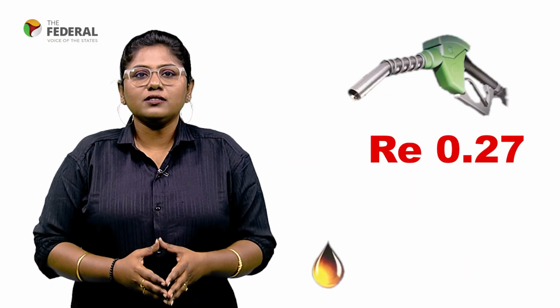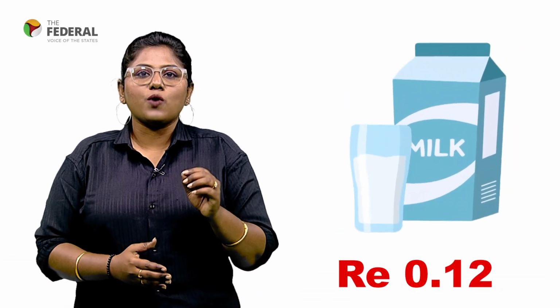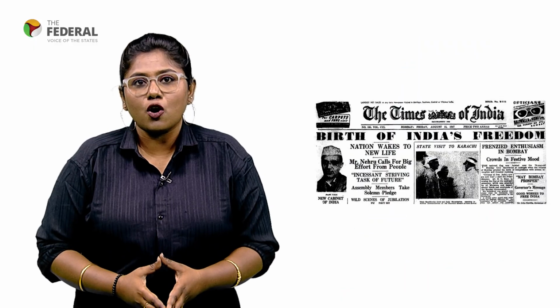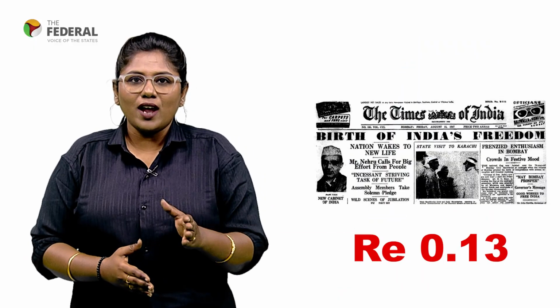The price of petrol was 0.27 rupees, a cinema ticket cost 0.3 rupees, milk was 0.12 rupees, and a newspaper cost 0.13 rupees. A flight ticket from Mumbai to Delhi cost around 140 rupees.